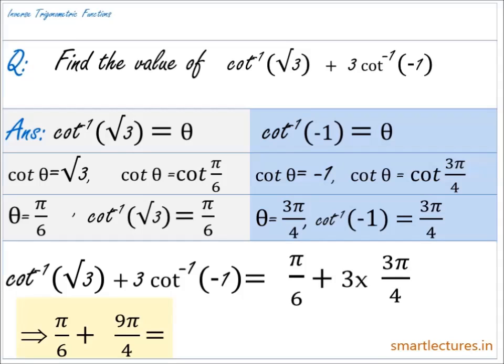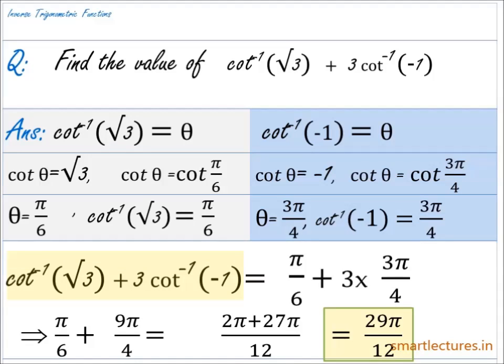And that further becomes 2 pi plus 27 pi upon 12, and that finally becomes 29 pi upon 12. So that means cot inverse under root 3 plus 3 cot inverse minus 1 is equal to 29 pi upon 12.